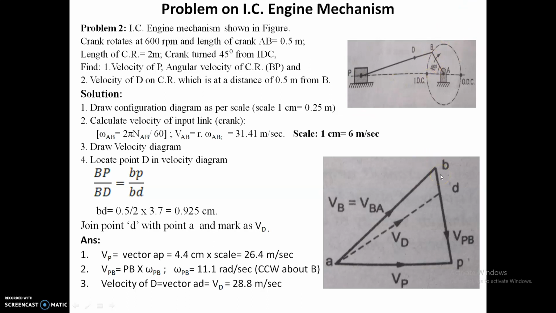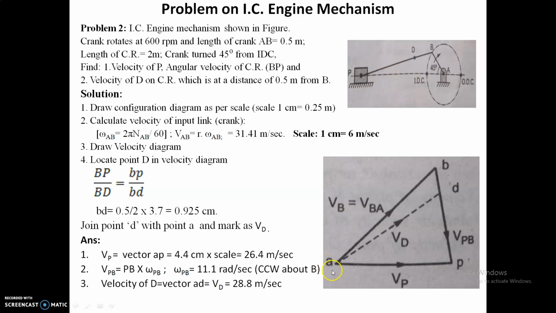Now how much length should I take? I don't know the magnitude for the connecting rod, but I know the direction. So from small point b, I have taken the velocity perpendicular to link capital BP. So leave that. The next link is the slider P. You know the slider is always sliding along the line of action with respect to the fixed point.